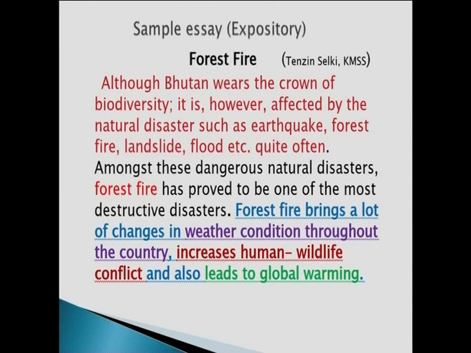So in this essay, this child is going to write about only these 3 things, meaning that the essay that is going to be developed will discuss only these 3 main points and nothing more, nothing less about forest fire. So this is how you develop your introductory paragraph.